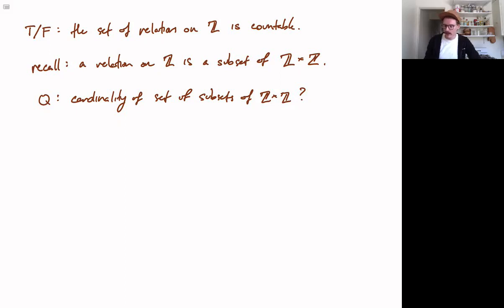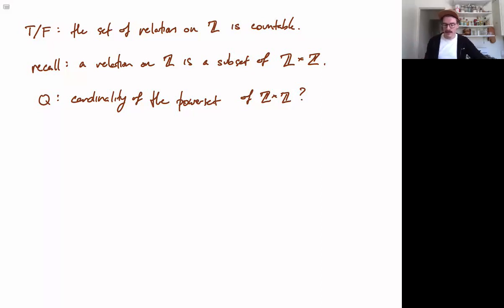But at least the set of subsets should be an operation that we recognize. In fact, let me erase that and replace it with the name that we know it by, which is the power set. So what is the cardinality of the power set of Z cross Z?